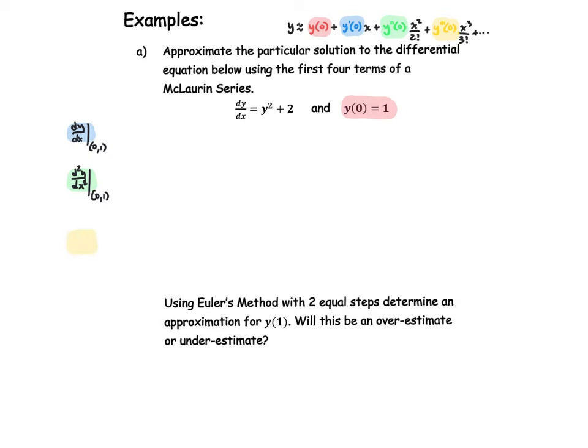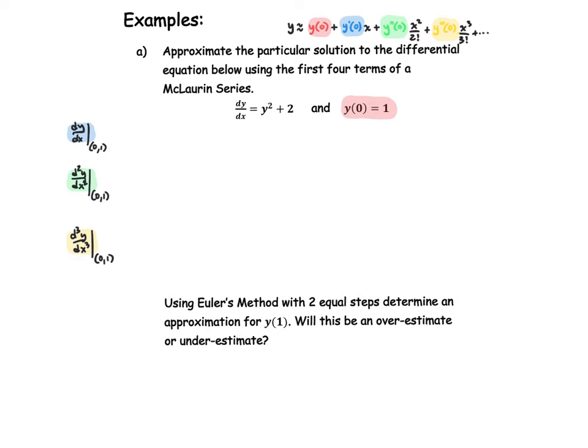So provided none of these are 0, we could rely on these 3 outputs to help us to build the first 4 terms of the Maclaurin series. Now we might have to go out to the 4th derivative if one of those coefficients is 0, but I guess we'll find out. Okay, so let's do a quick derivative work on this.